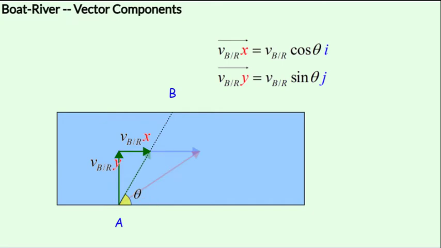Now in the further steps, we will replace the vector along the line AB, that is VB with respect to r, with VB with respect to r cos theta i plus VB with respect to r sine theta j.